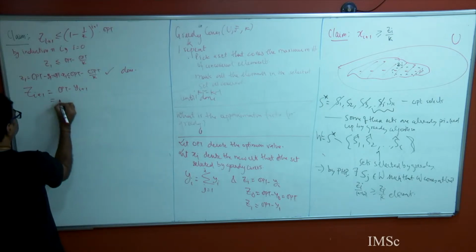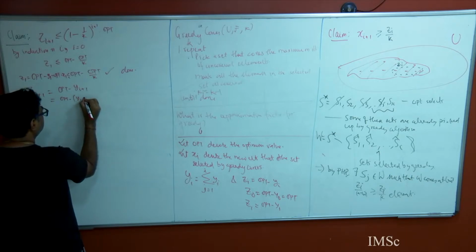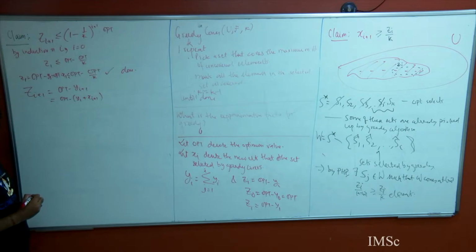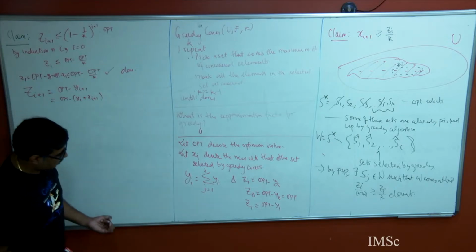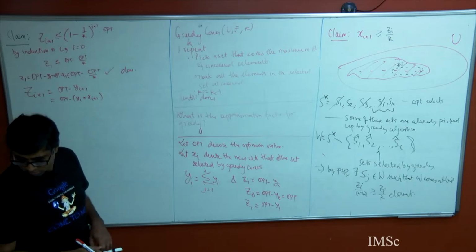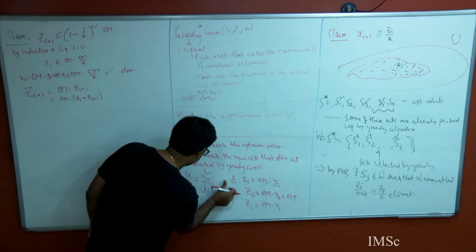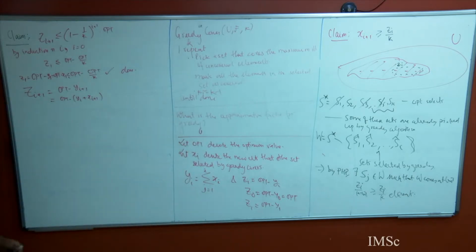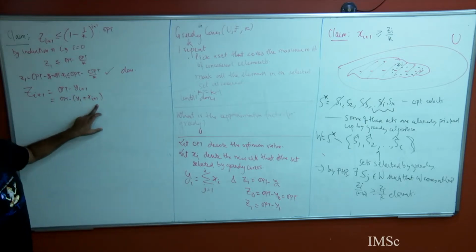Now this is equal to opt minus Yi plus Xi plus 1. What is the definition of Yi? No, this is where it goes wrong, right? So, like the total number of new elements covered. So why should I write Y? Okay, so this is what it is.